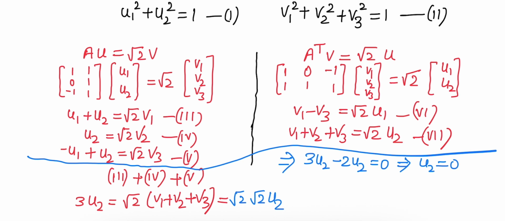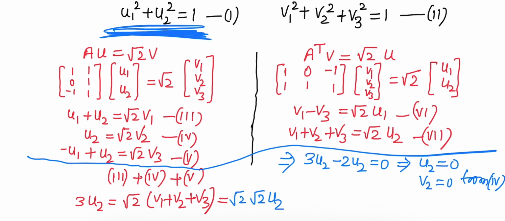Now from this equation, since u2 is 0, v2 will also be 0 from 4. Okay, now from this equation, since u2 is 0, u1 will be plus minus 1.